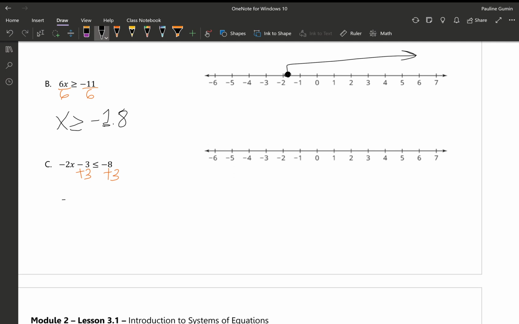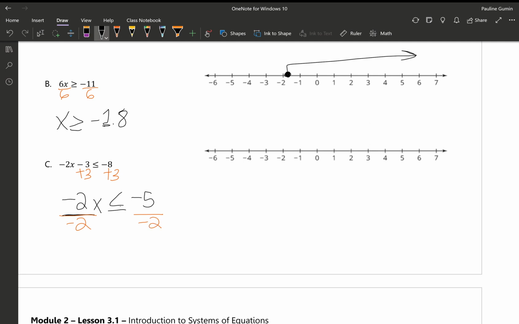We are left with beautiful negative 2x. We didn't divide or multiply by a negative, so our symbol stays the same. Negative 8 plus 3 is negative 5. Now I'm going to divide both sides by negative 2. Now our symbol flips.